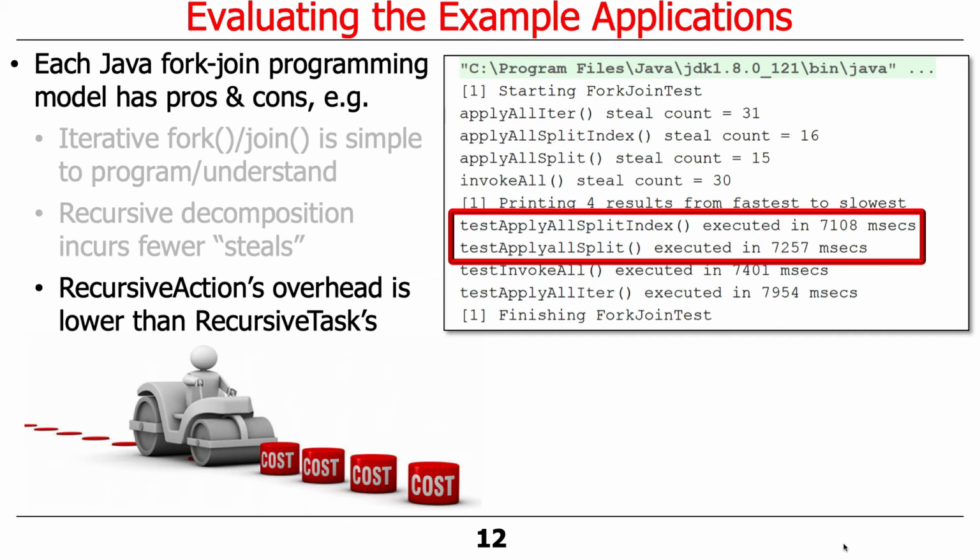And one thread discovers, aha, I don't have anything in my deck. And so in that particular case, it will consult a random number generator that will say, go look at someone else's deck, obviously not your own deck, try to randomly steal from the end of somebody else's deck. And if there is anything in that deck, it'll be stolen. If there's not anything in that deck, it'll randomly try someplace else. So it'll keep trying.